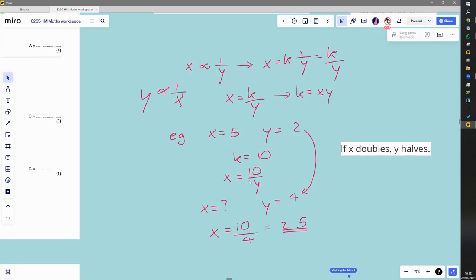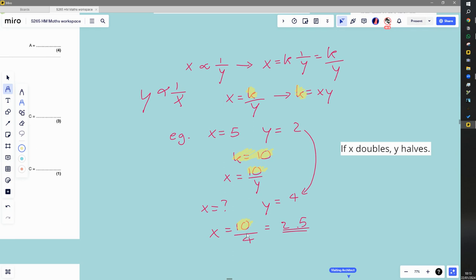Well, I have my equation for x, which is 10 over y now, and I put the value for y into the equation, right? So let's just use a bit of highlighting again. Here's my value for k. I worked it out because we know that k is equal to x times y. Here's x, here's y, 5 times 2. So there's my value for k.